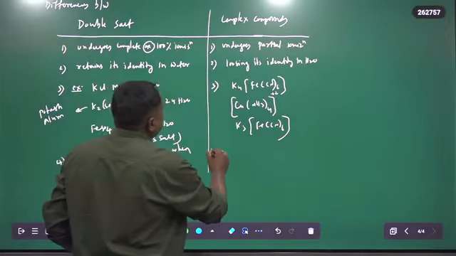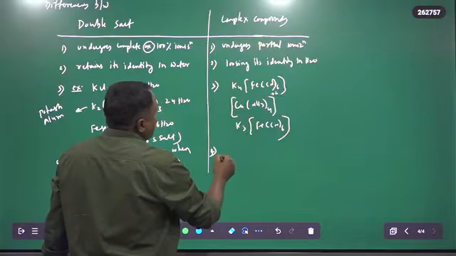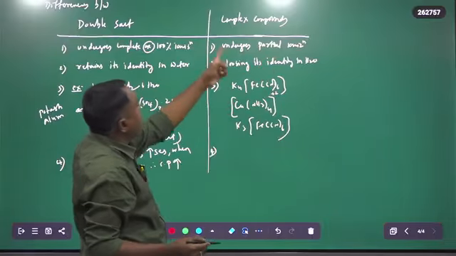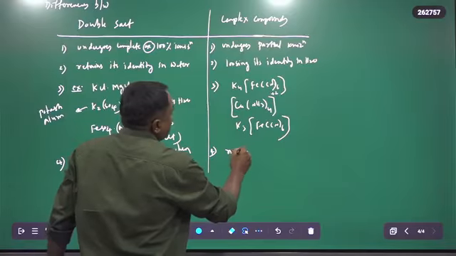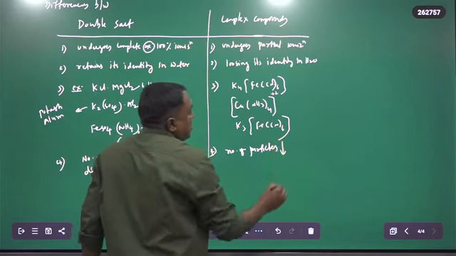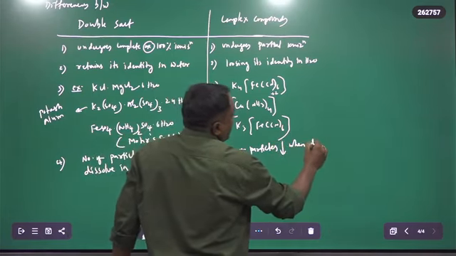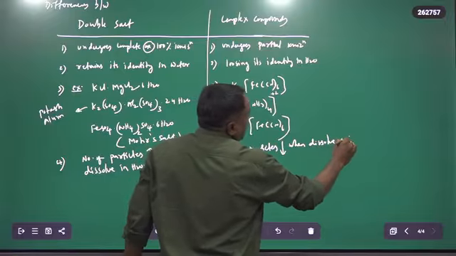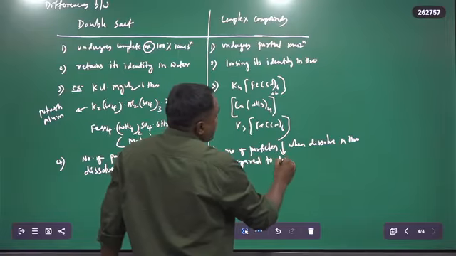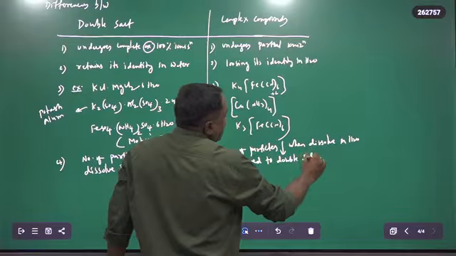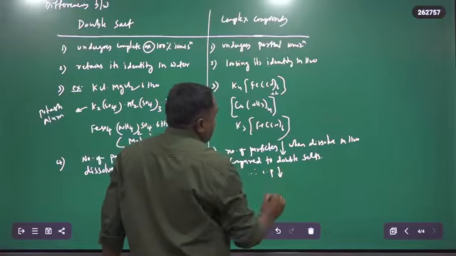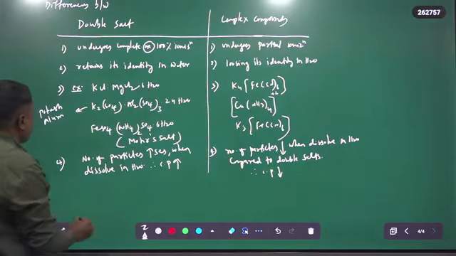Whereas complex compounds undergo partial ionization. So compared to double salts, the number of ions is less, and the number of particles decreases when dissolved in water. Therefore, colligative properties are less when compared to double salt solutions.